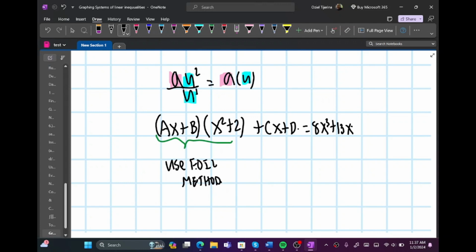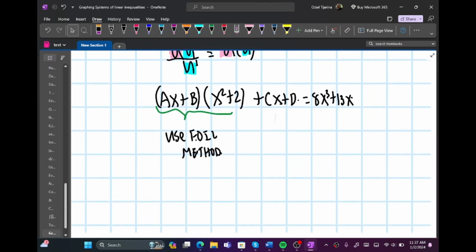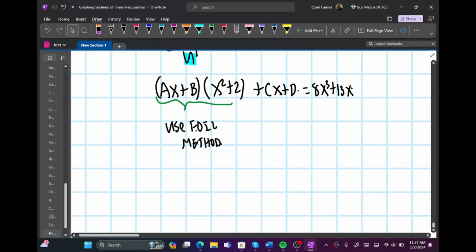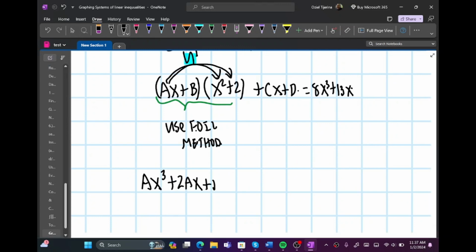So here we're going to go ahead and just FOIL this out. It's going to be ax cubed plus 2ax plus bx squared plus 2b, plus cx plus d, right? Is equal to 8x cubed plus 13x.